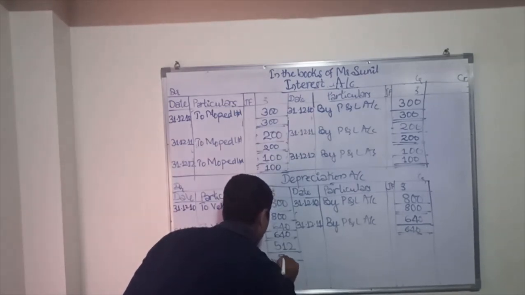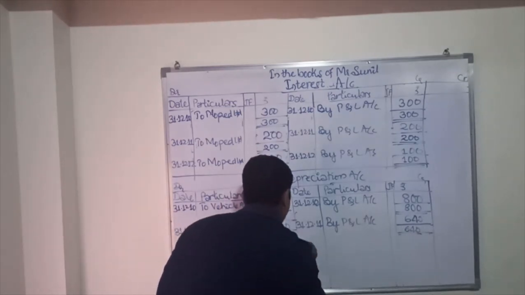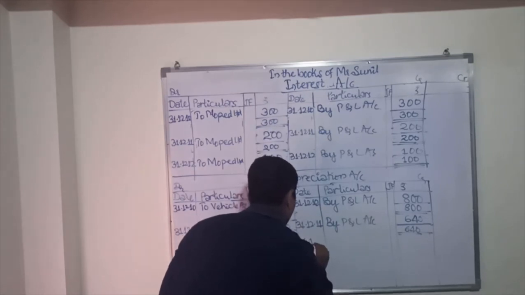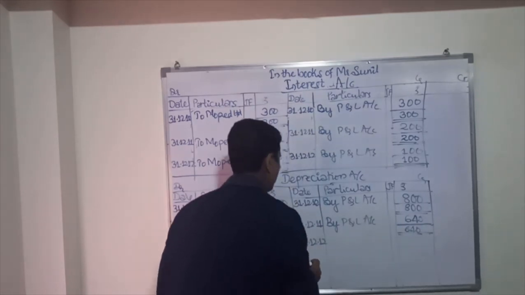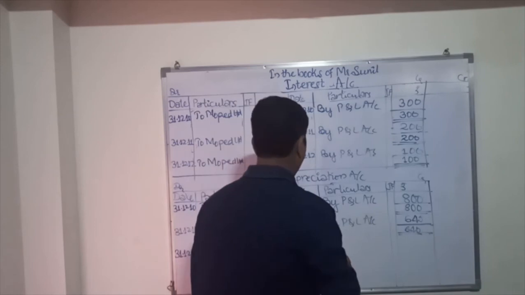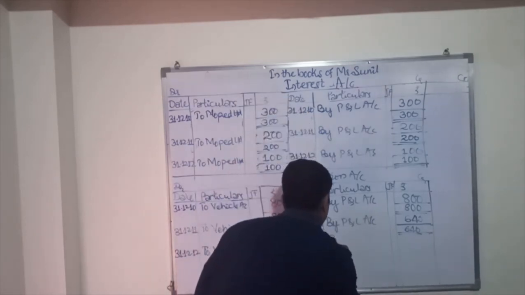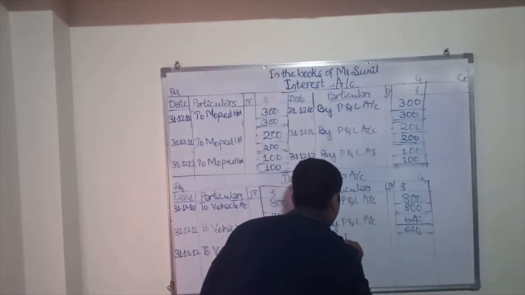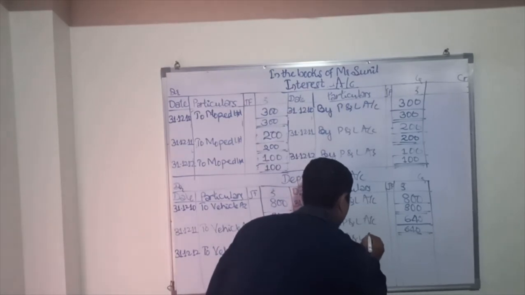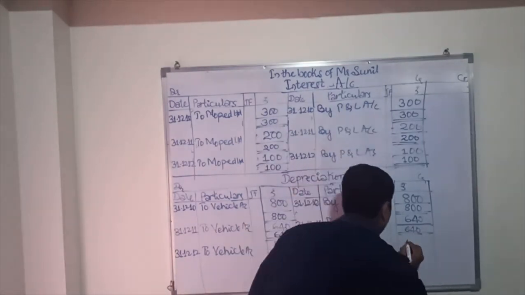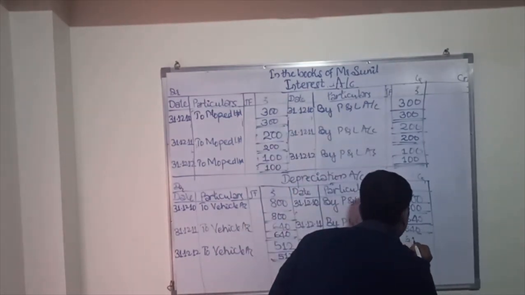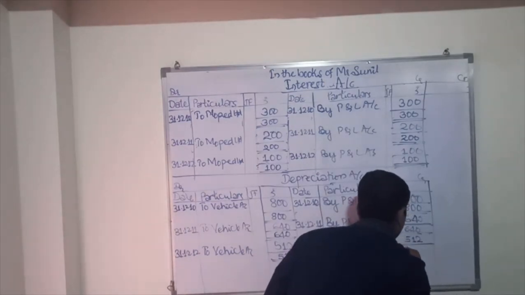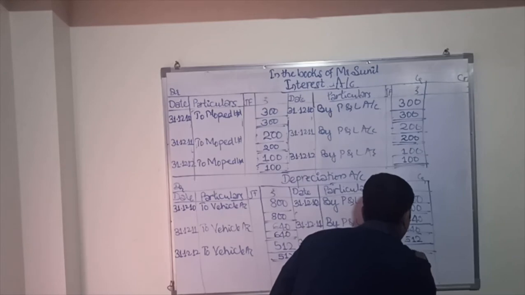On 31st 12 2012, this is transferred to P&L account, then it will be profit and loss account debit to depreciation. So depreciation is credited by P&L account, that is 512 here.